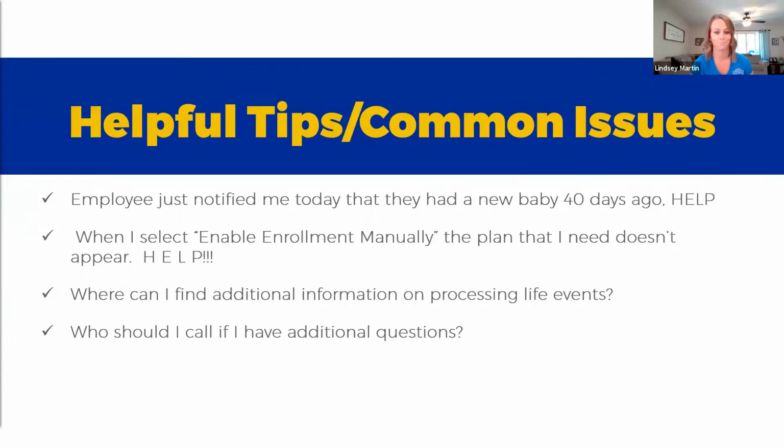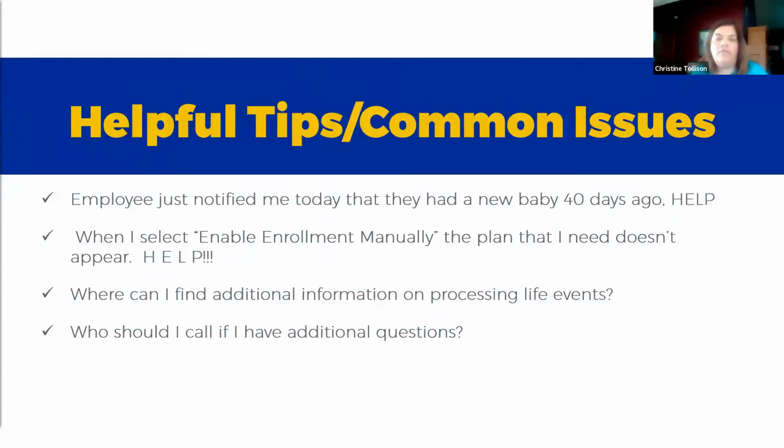Yeah, and unfortunately, this is a rules-based system, and the system is not going to allow you to break the rules very easily. So we know how to break those rules. It was designed to prevent people like me from breaking it, Christine. We know how to work our way around those in many cases, but the best thing to do is to make sure that employees are following the rules and that you're entering those life events in timely so that you don't have to use that enable enrollment manually button.